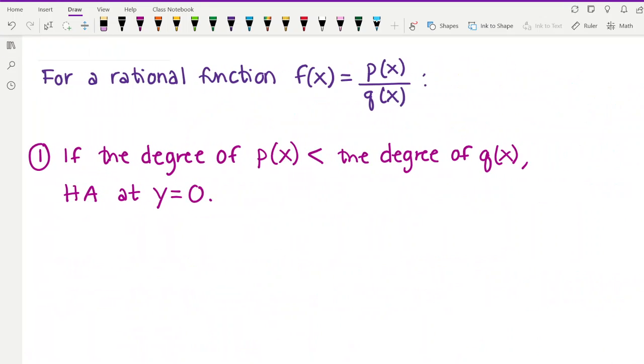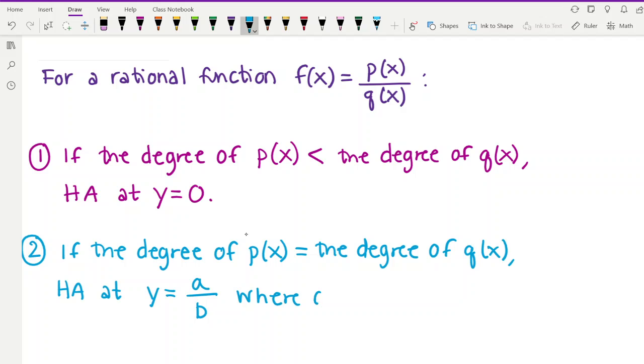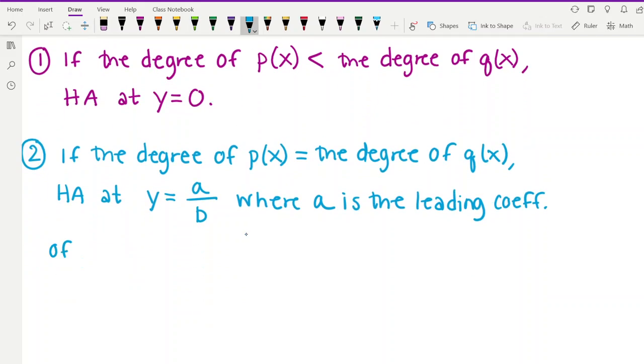Okay, so let's add that to our list. So the second one we saw is that if the degree of p of x is equal to the degree of q of x, then you're going to have a horizontal asymptote at y is equal to a over b, where a is the leading coefficient of the numerator, so of p of x, and b is the leading coefficient of q of x.